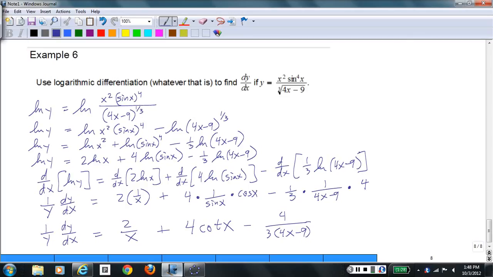I want to do two things. I want to write this so that I have dy/dx all by itself on the left. So I need to multiply both sides by y. So dy/dx equals y times everything we had on the right, 2 over x plus 4 cotangent x minus 4 over 3 times 4x minus 9.